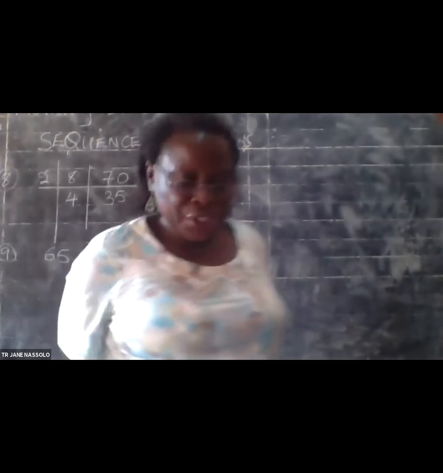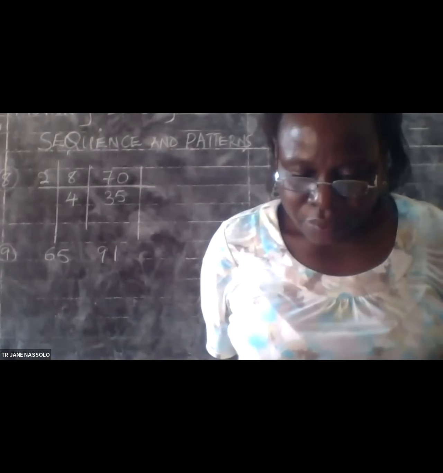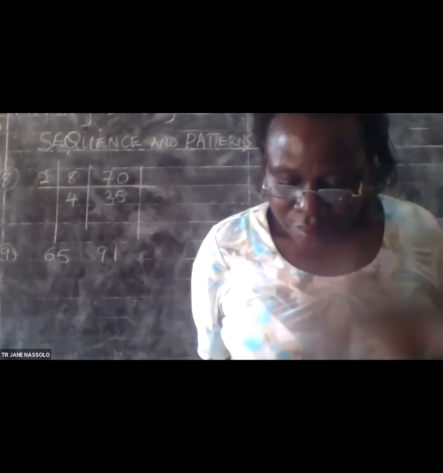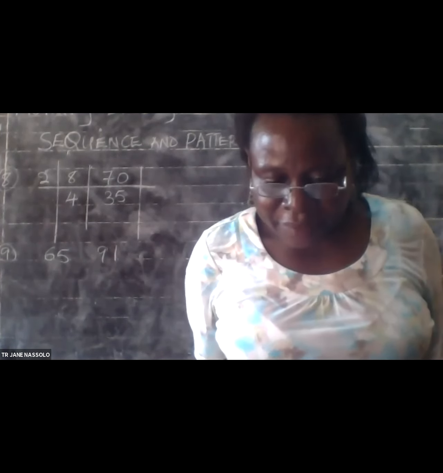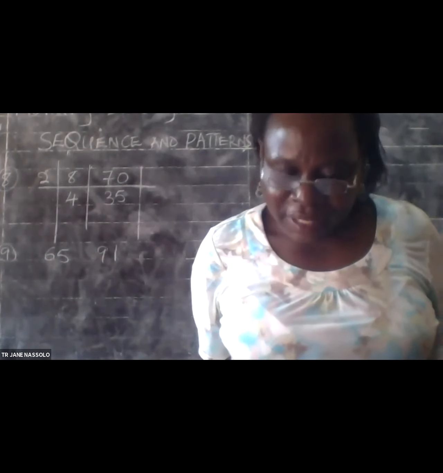Which numbers are shaded? 65 and 91. What is the number? Two multiples of a number have been shaded in the square.